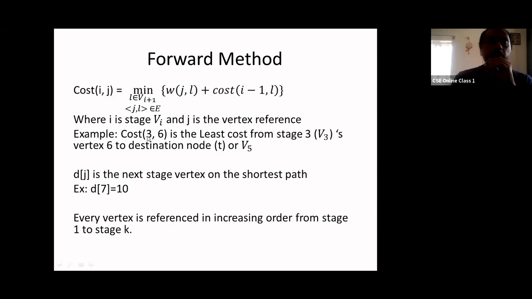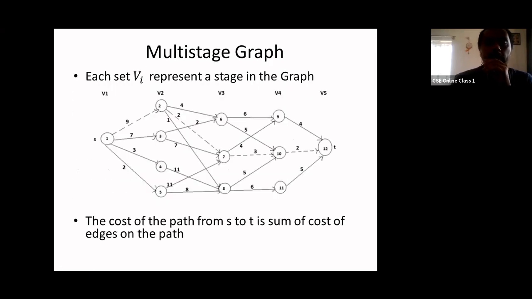So for example, you can see that cost of 3, 6 means it is the third stage vertex 6. Am I right? So it is third stage vertex 6. If we say cost of 4, 5, then there should be a fourth stage vertex 5, but as of now we don't have that. You can see here that we can call fourth stage vertex 9, so we can say it is cost of fourth stage vertex 9.